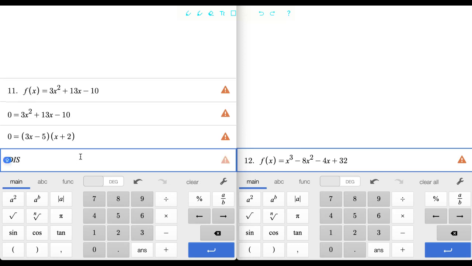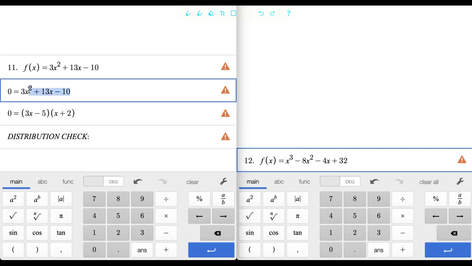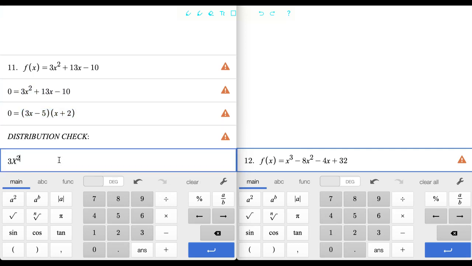So I'm going to do the distribution check down here. And what I mean by that is I'm just going to multiply this out and see if I get the original, right? There should be 4 combos when you distribute. You have 3x squared. You have plus 6x minus 5x minus 10, right?